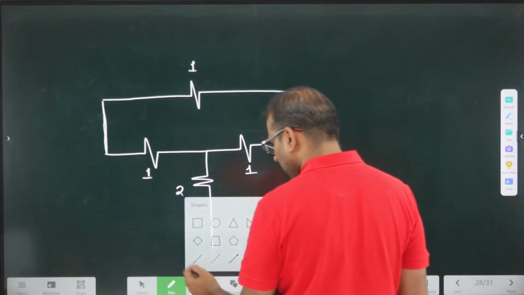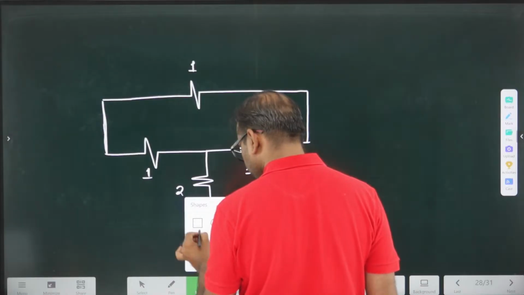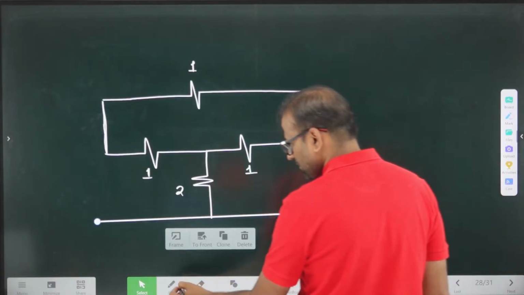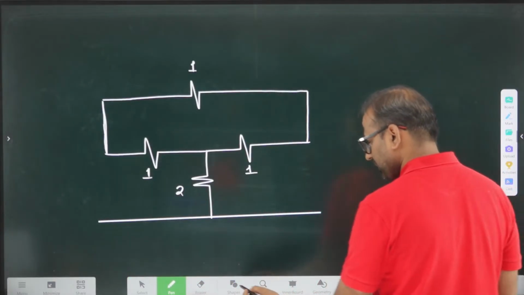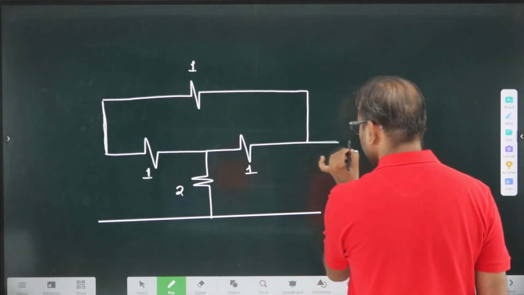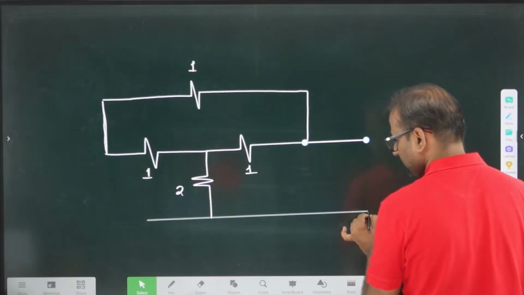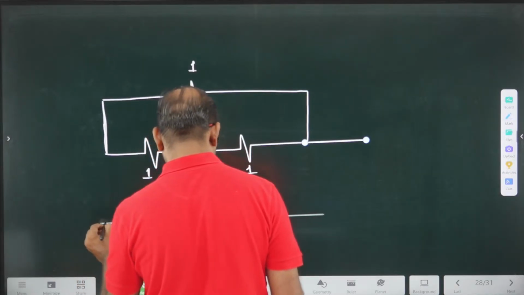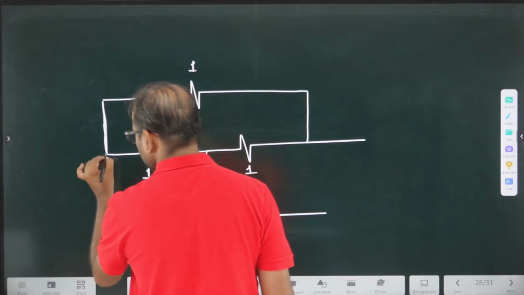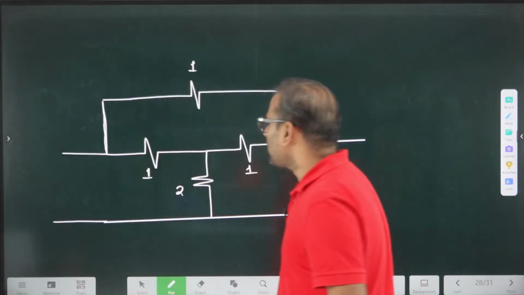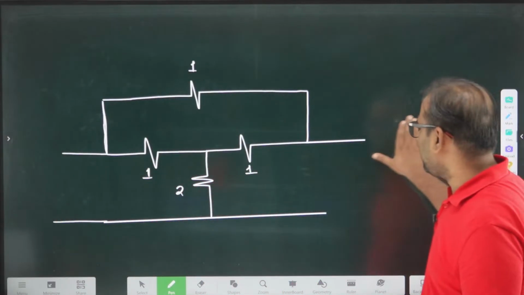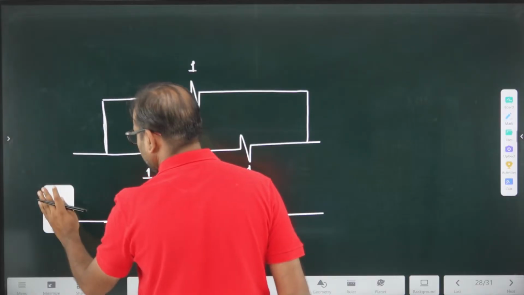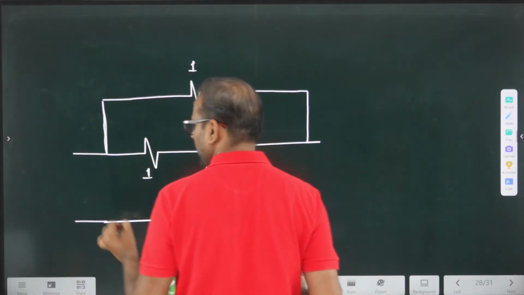How can we write the answer directly for this network? This is a two-port network, and let's say we are interested in calculating the y parameter of this network.